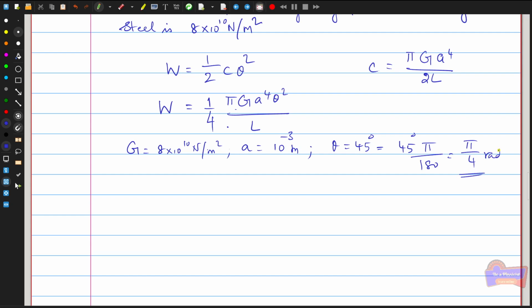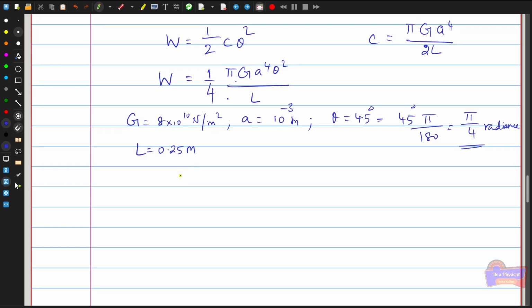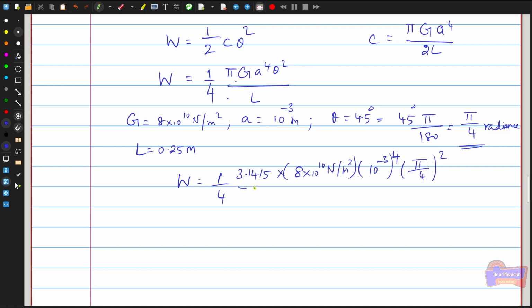And L is equal to 0.25 meters. So W is equal to 1 by 4 times pi, 3.1415, into G, 8 into 10 power 10 Newton per meter square, and the radius 10 power minus 3 the whole power 4, and theta squared, pi divided by 4 whole squared, divided by the length 0.25.